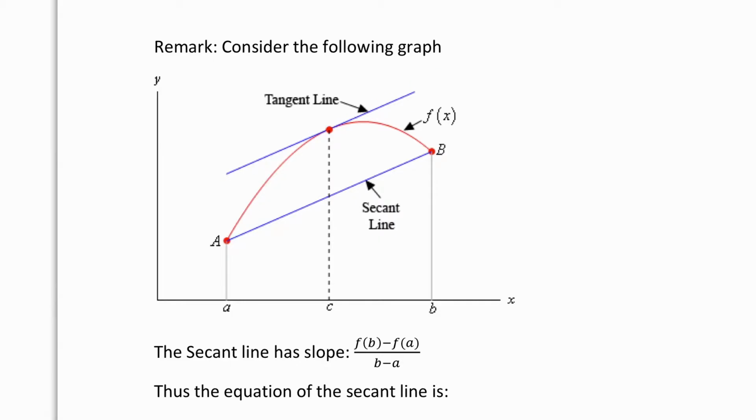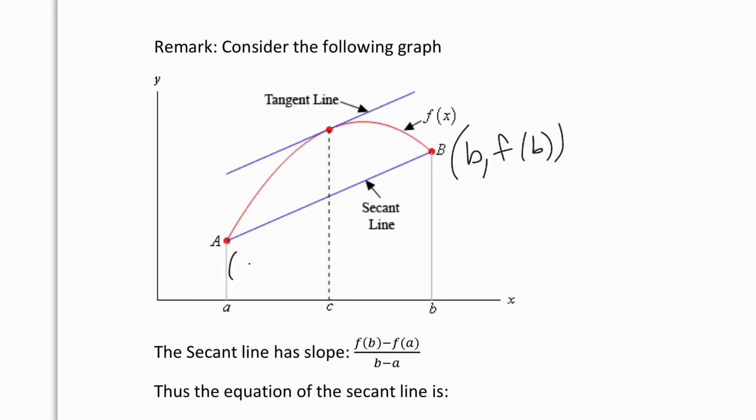But a secant line is where you take the first point and the last point, the two endpoints, and you draw a line connecting them. That's called a secant line. Now, the tangent line slope, we know the slope of the tangent line will just be the derivative. But the secant line slope is a little bit different. You might have to say, okay, well, there's going to be a point over here at b, f of b.